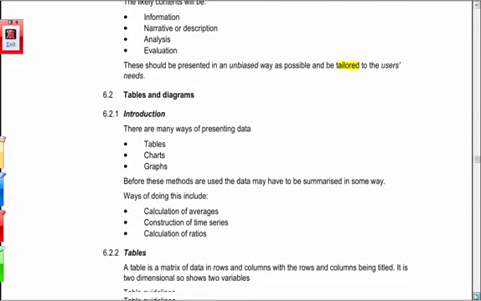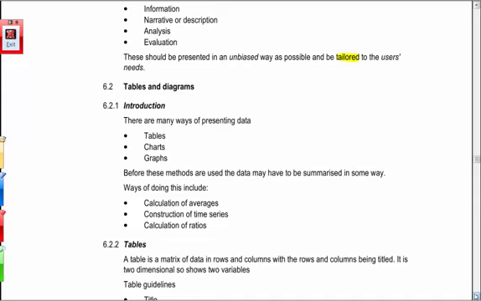Often then our tables and diagrams will be included within reports, and these could be through tables, charts and graphs. And what that's going to result in then is a summary of the information being presented in a way that is visual.